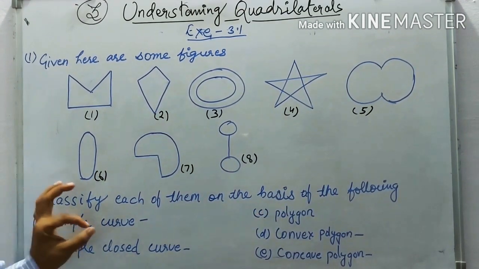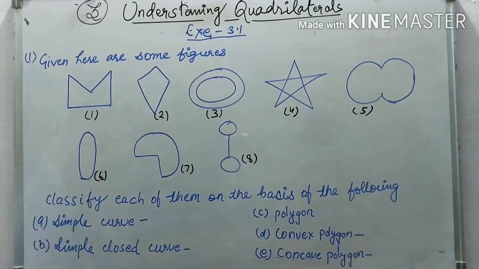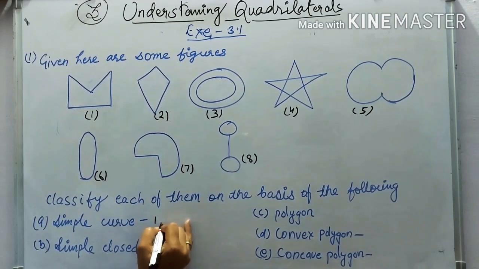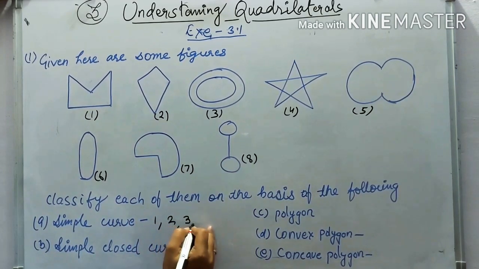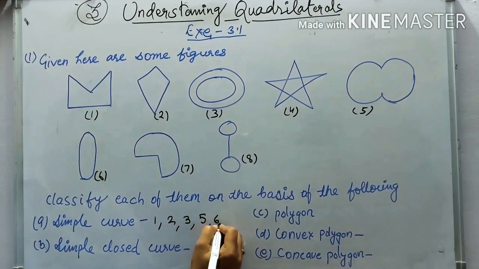The simple curve: the simple curves are 1, 2, 3, 4, 5, 6 and 7.